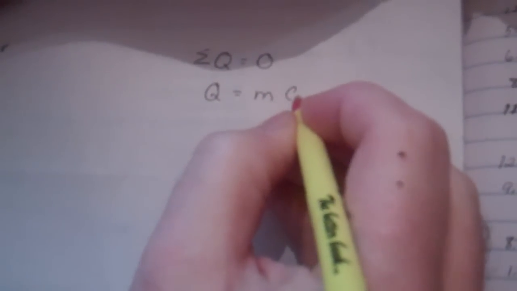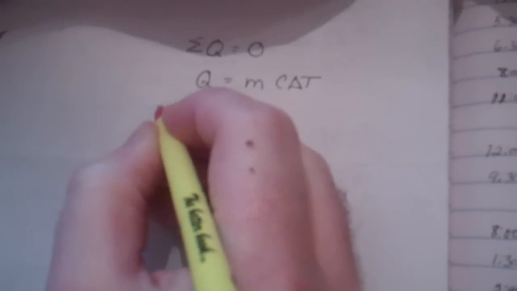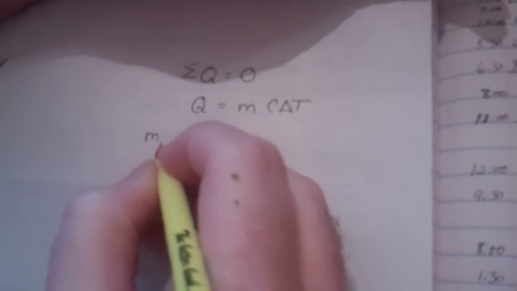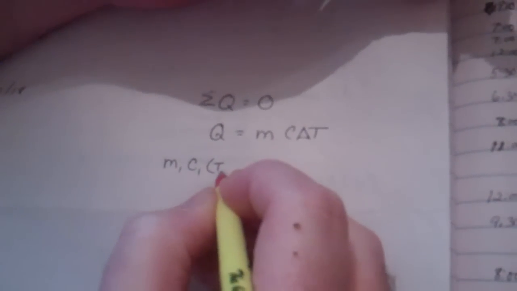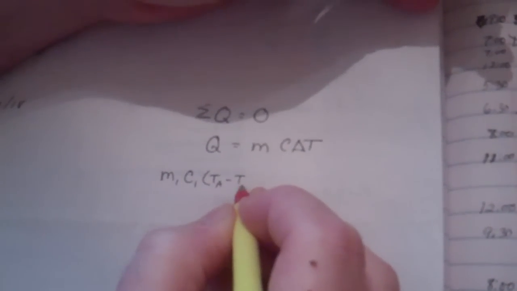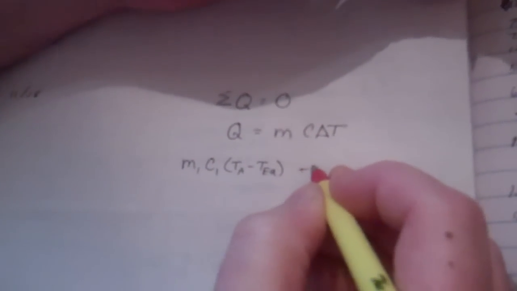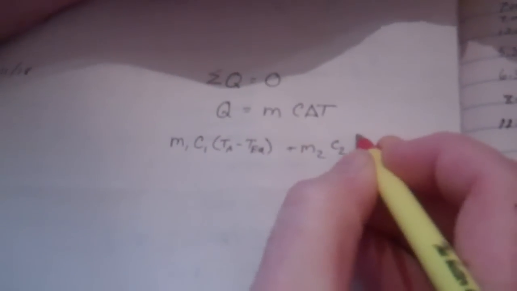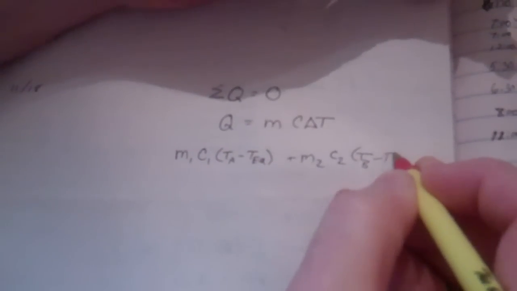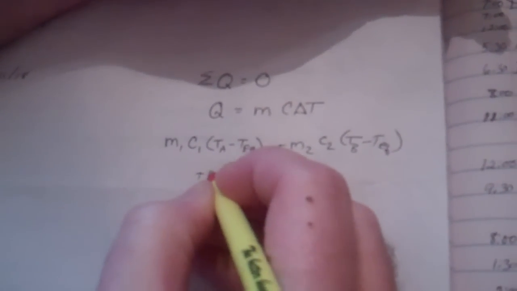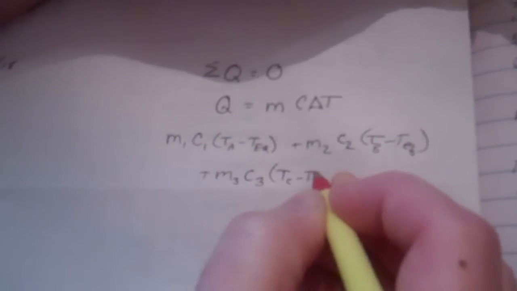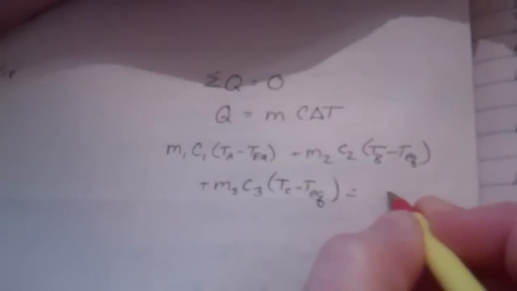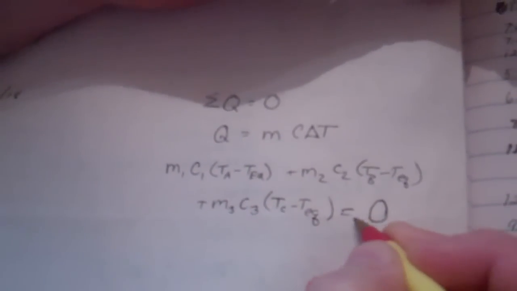And we know that Q is equal to mc delta T. So if you have 3 substances, m1c1 times (Ta minus T equilibrium) plus m2c2 (Tb minus T equilibrium) plus m3c3 (Tc minus T equilibrium) is going to equal 0.